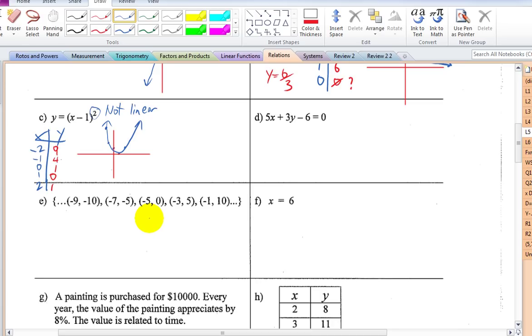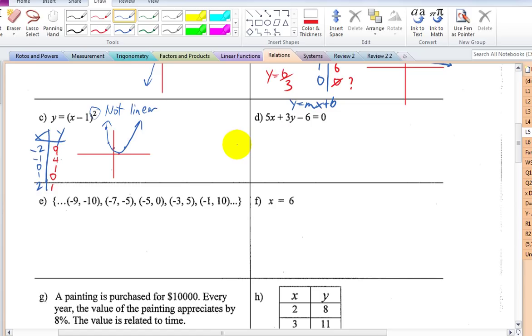Okay, next one. That's general form. I guarantee you can turn that into y equals mx plus b. So go ahead and do it right now just to prove that you can make it a straight line. Use your algebra skills.